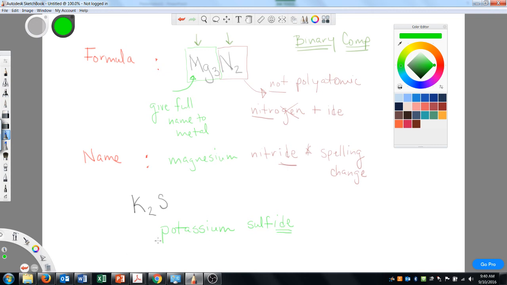If I was going to make a set of rules that you could follow, the rules would look something like this for naming binary compounds. For binary compounds, when the metal is main group, one, write the metal name from the periodic table.